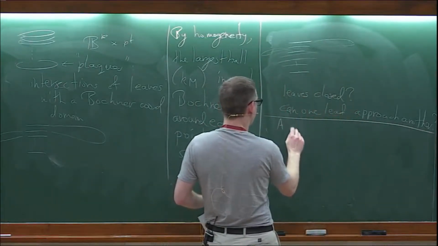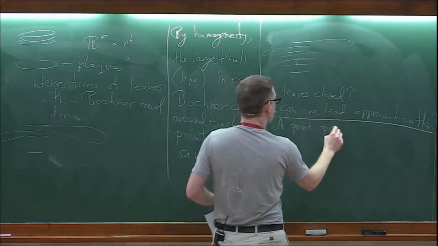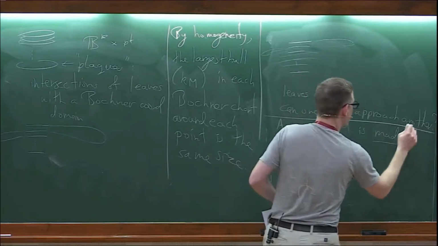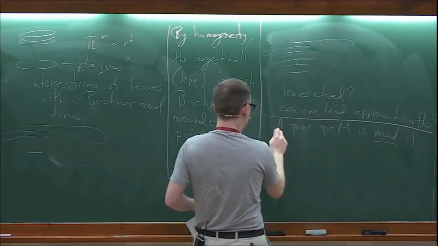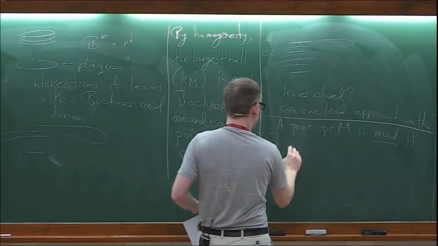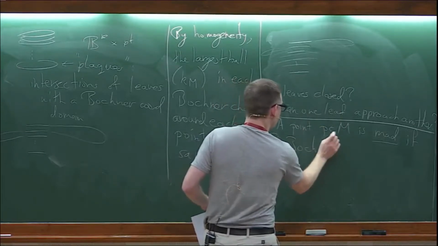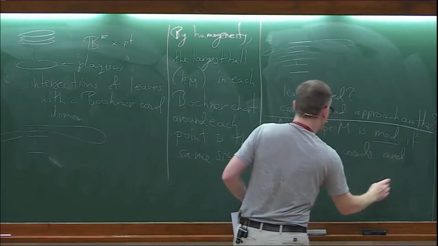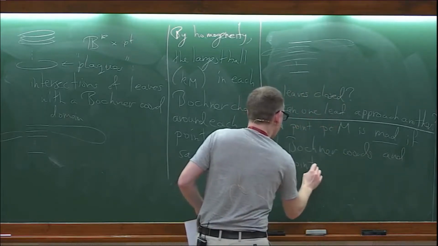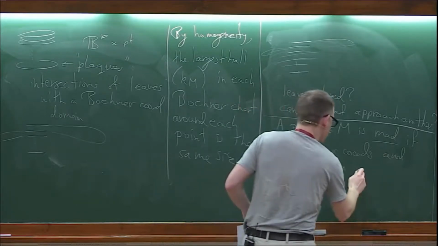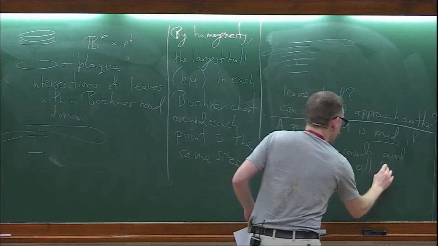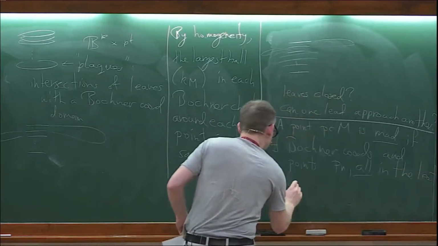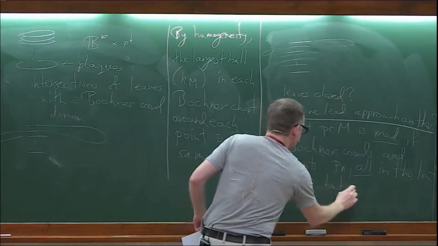So a point in our manifold is mad if there exist some Bochner coordinates and points P_n all in the leaf of P, but different plaques.